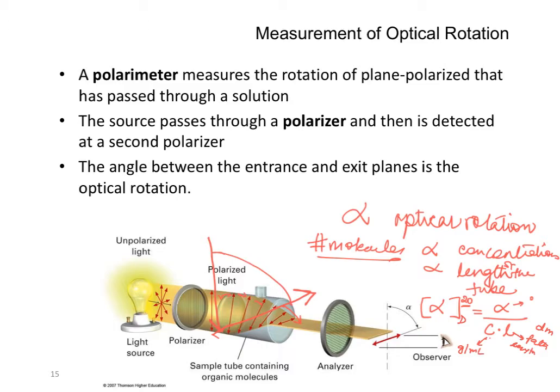Now, as a result of this polarization, you can have this turning of the light to go in a clockwise direction, in which case you would call your molecule dextrorotatory, or D, or if it goes in the reverse direction, you would use the word levorotatory, or L. So dextrorotatory would mean that you would give it a positive sign for the alpha.